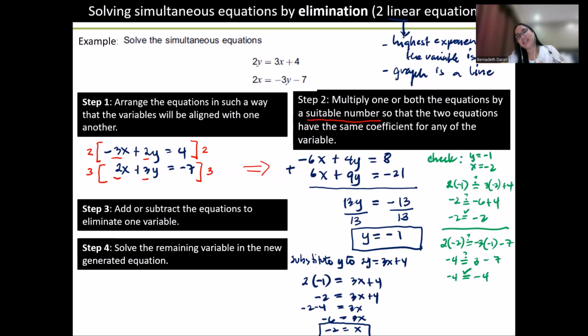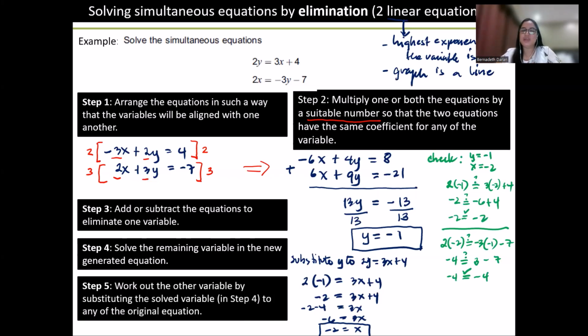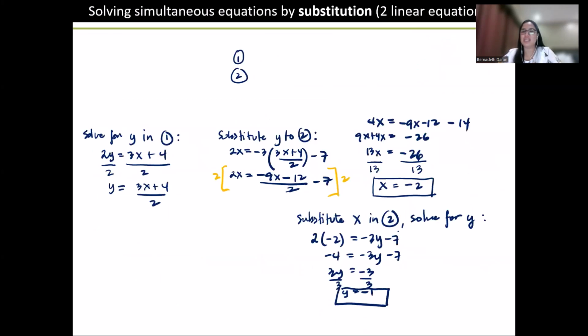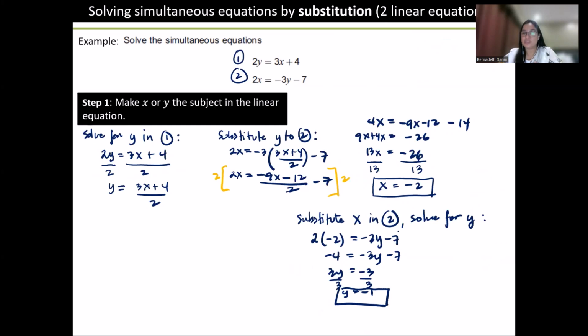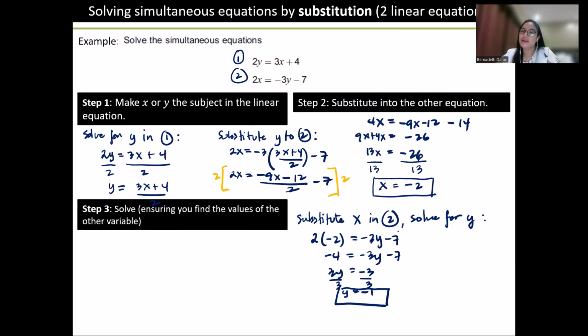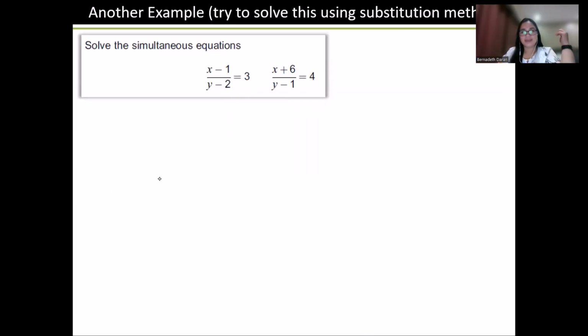So if you notice, even though we did a different method, we are going to come up with the same answer. Because as I have said before, the solution is unique, as you have seen in our graph, right? The solution is unique. Okay, now let us try to solve our second example using the method of substitution.